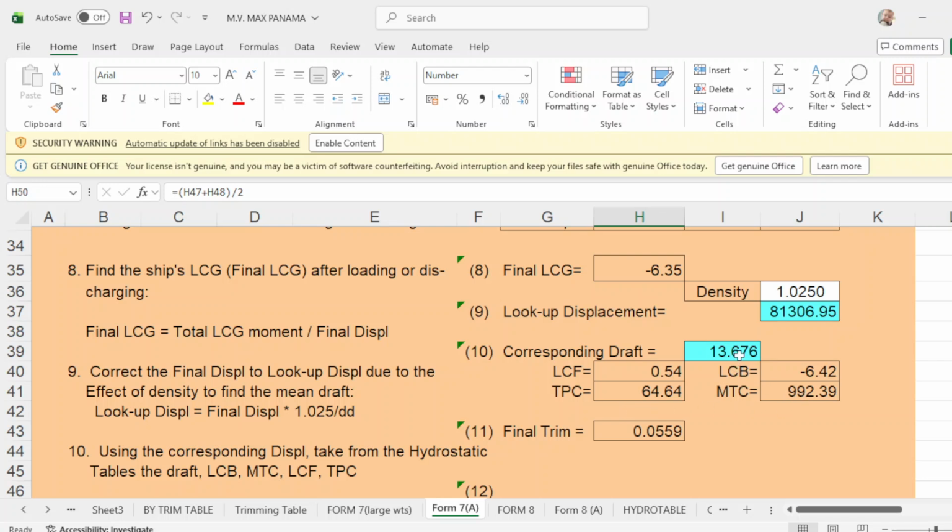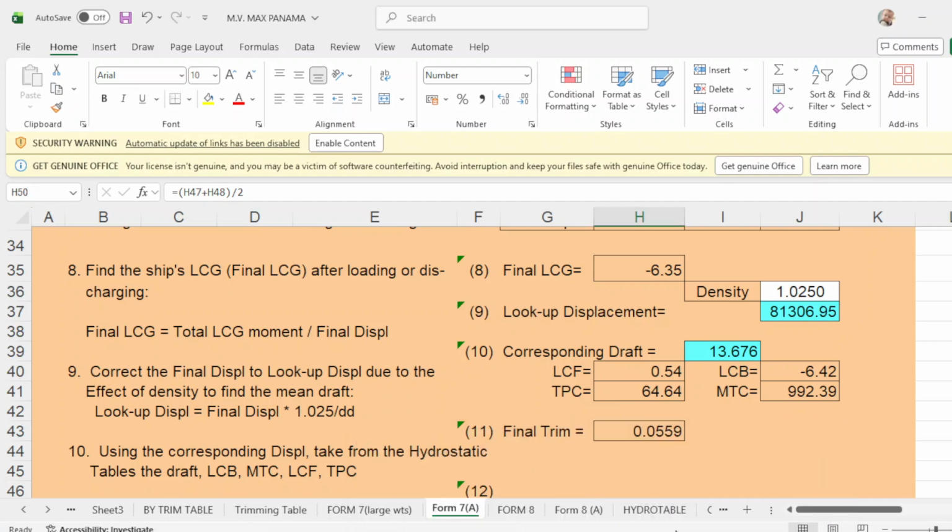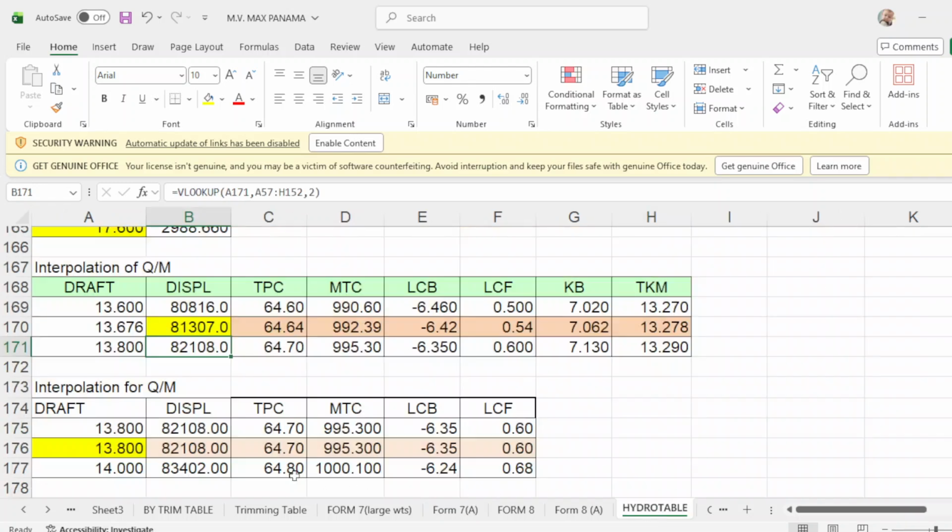So we go to 13.676. You go to the hydrostatic table and put in 13.676.